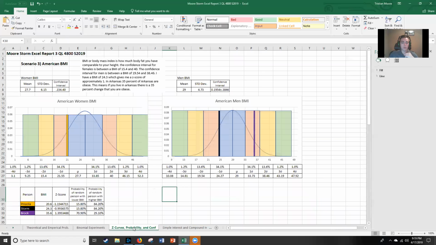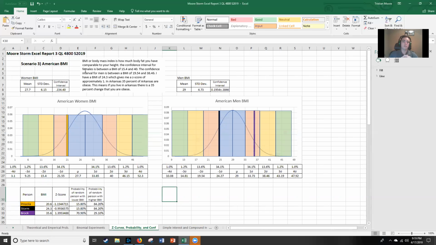All right, so moving on to scenario number 3, the Z-curves probability and American BMI. So BMI, or body mass index, is how much body fat you have comparable to your height.